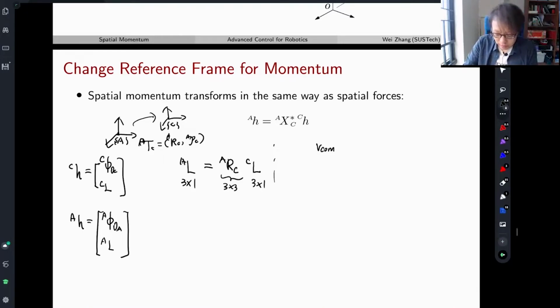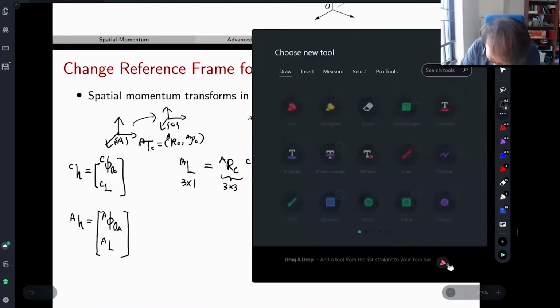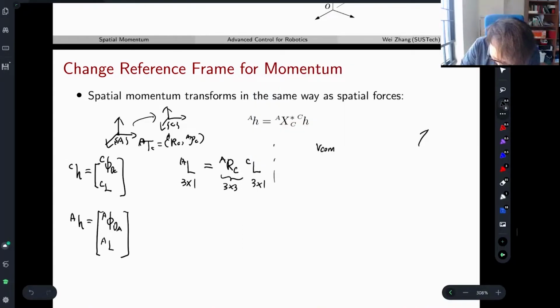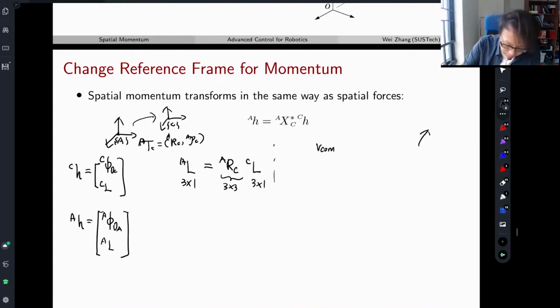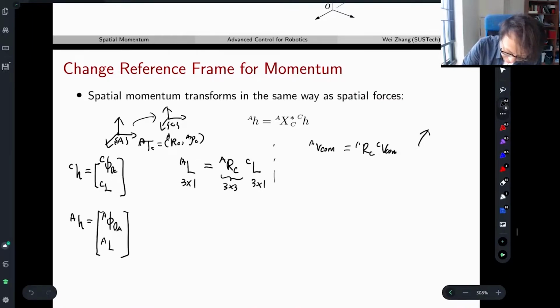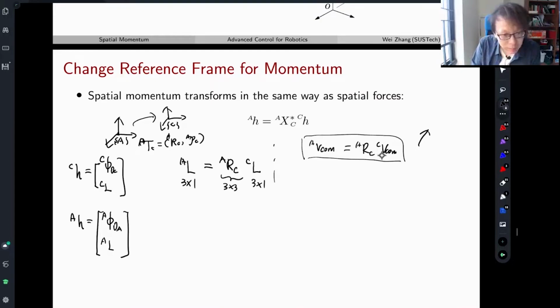It's a vector in the space, and I can represent it in A or in C. I think all of you will agree, hopefully, that it is RCA. Okay, then L is nothing but the scalar times this, so by definition it's the same.